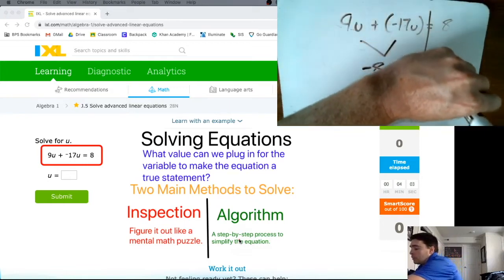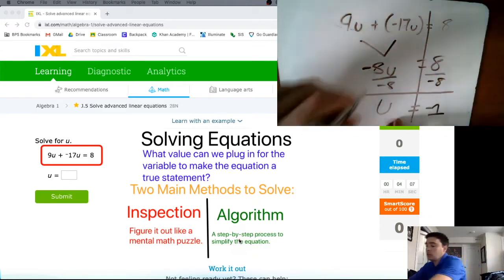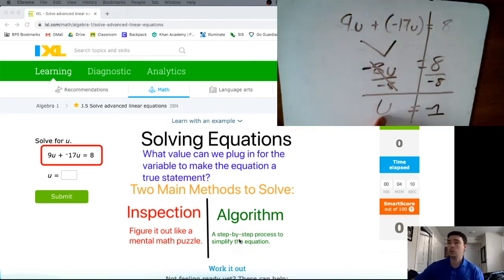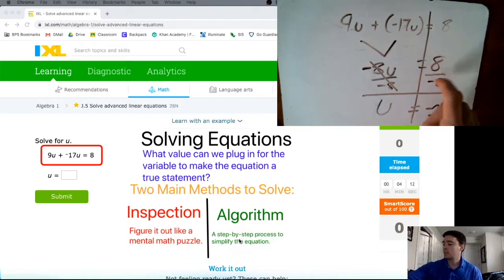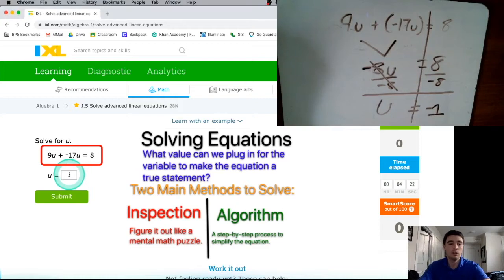So if I divided both sides of this equation by negative 8, that would cancel out the coefficient and leave me with just u. And positive 8 divided by negative 8 would give us negative 1, just like we saw from inspection a second ago. So that's how I arrive at an answer here of u is equal to negative 1.